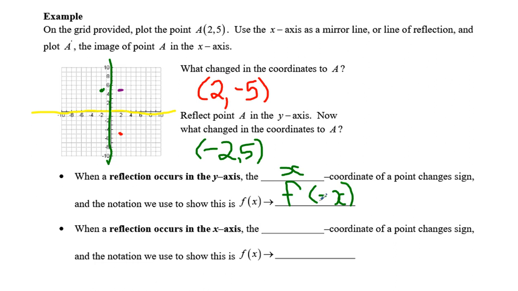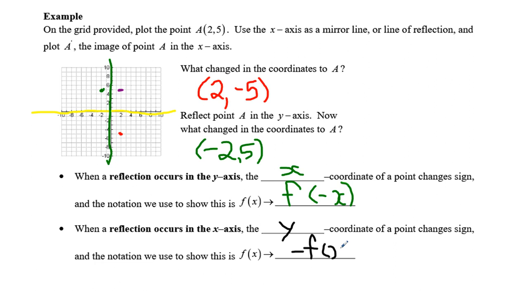So this is the notation f of -x. That results in a reflection in the y-axis. When a reflection occurs in the x-axis, it is the y-coordinate that changes signs. And we use the notation f of x becomes -f of x.